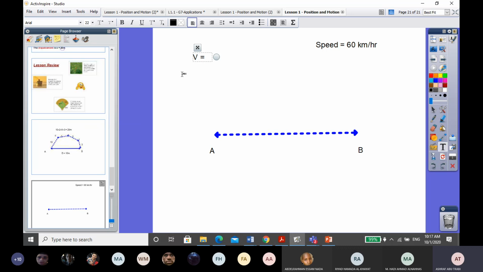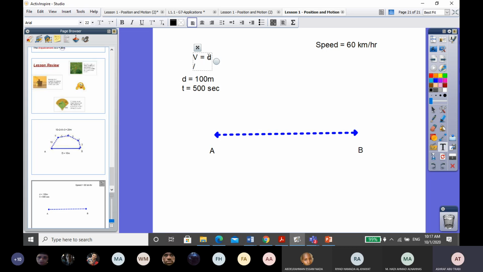So if I give you such an example, the displacement D equals, for example, 100 meters, and the time taken T equals, let's say, 500 seconds. So what will be the velocity, guys?